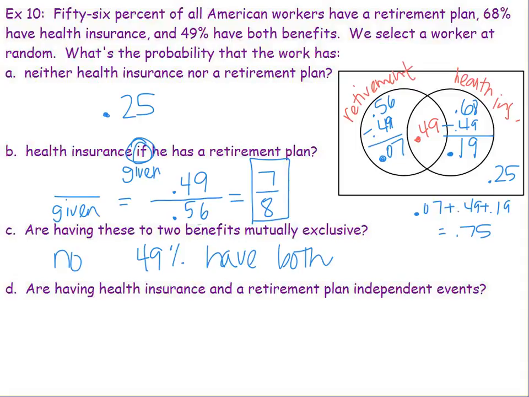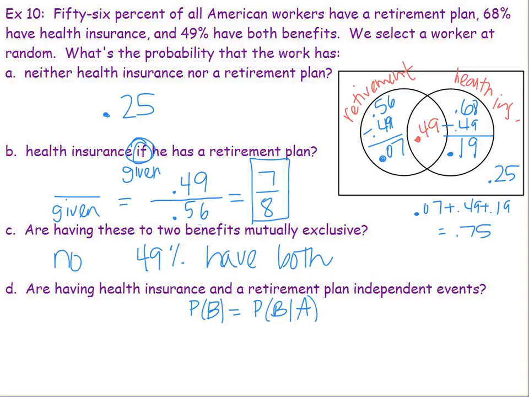Are having health insurance and a retirement plan independent? So on the very first slide, when we first talked about independent or conditional, we said there's a way to prove independence, and it was the probability of B has to equal the probability of B given A. So it doesn't matter which one you label which.